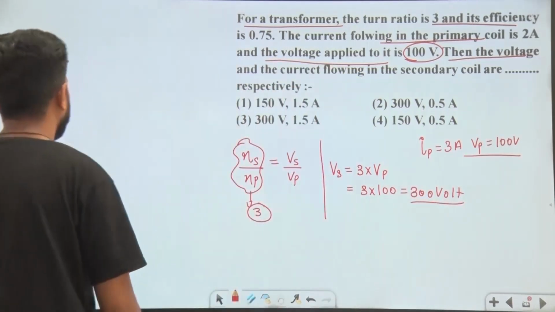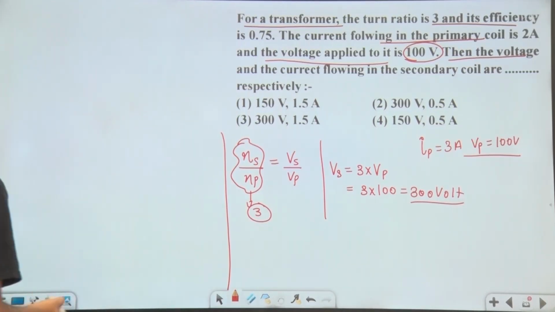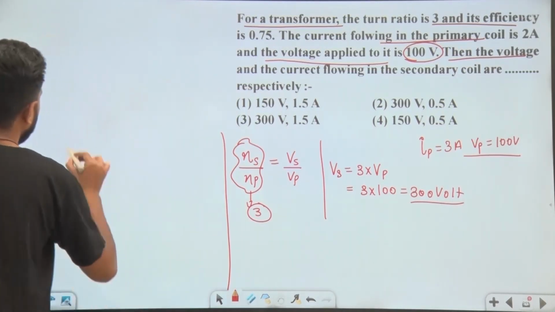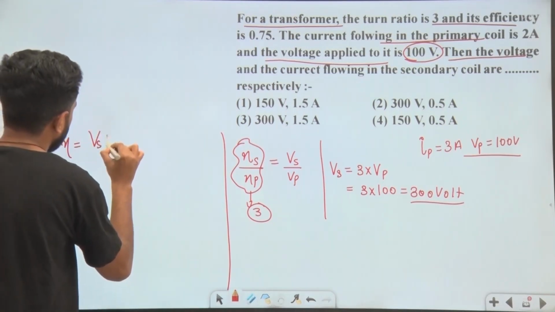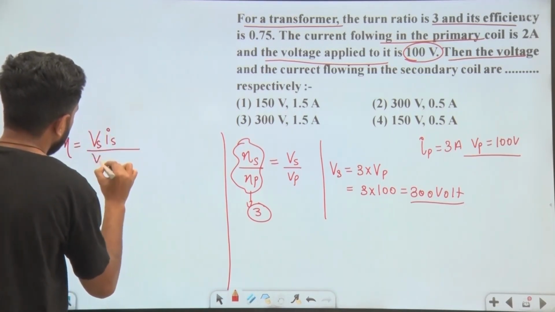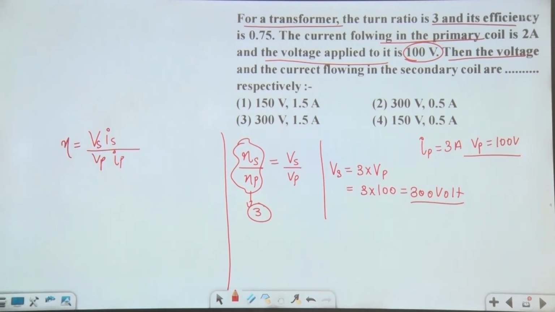Now for finding the secondary current in the secondary coil, we can write eta is equal to Vs Is upon Vp Ip.